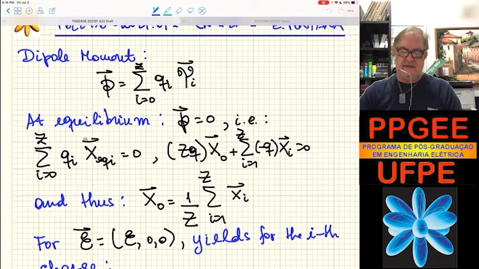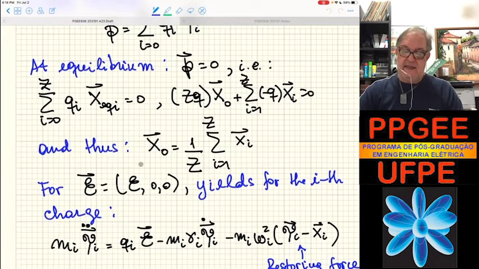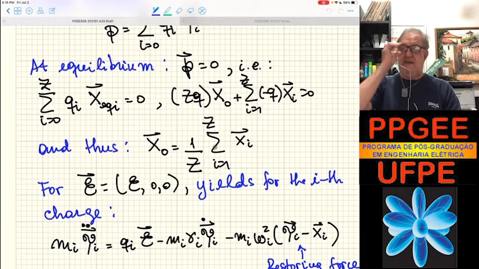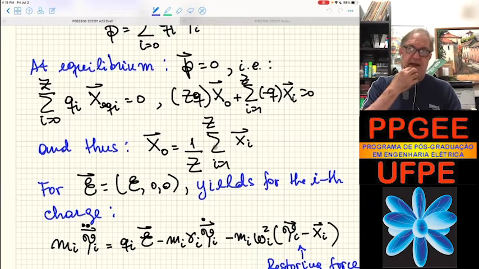So we have that combination equals 0, and we can separate the charge in the nucleus, which is ZQ times the equilibrium position of the nucleus, plus we sum over the electrons, whose charge is minus Q times Xi. So what do we show? We show that x0, the equilibrium position for the nucleus, is the average value relative to the equilibrium position of the electrons. Okay, this is very important for us to determine the dipole moments when we apply the field.